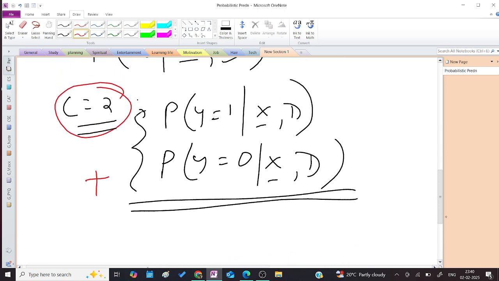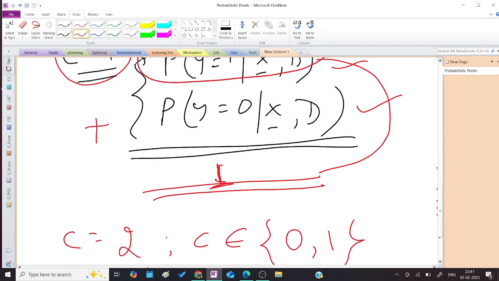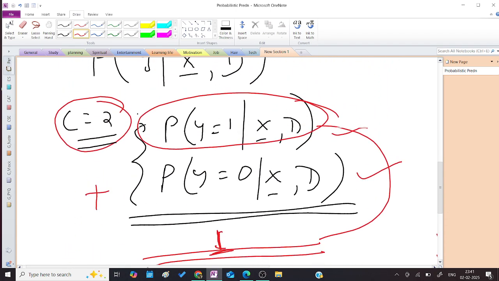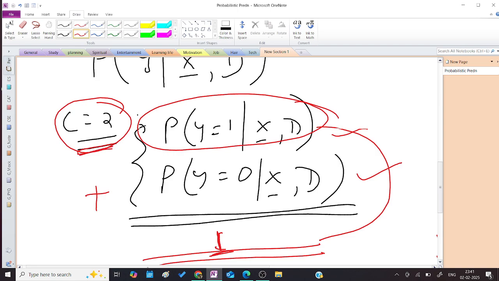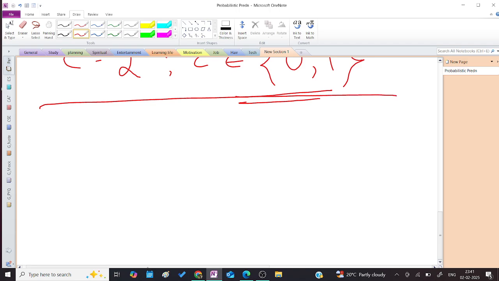So if we sum these two probabilities, the result must be 1 only. So we don't need to find both of them. If we can find one, then we can find the other by subtracting from 1, right? But this is true only for two classes. If there are 3 classes, then we need to find 3 probabilities.